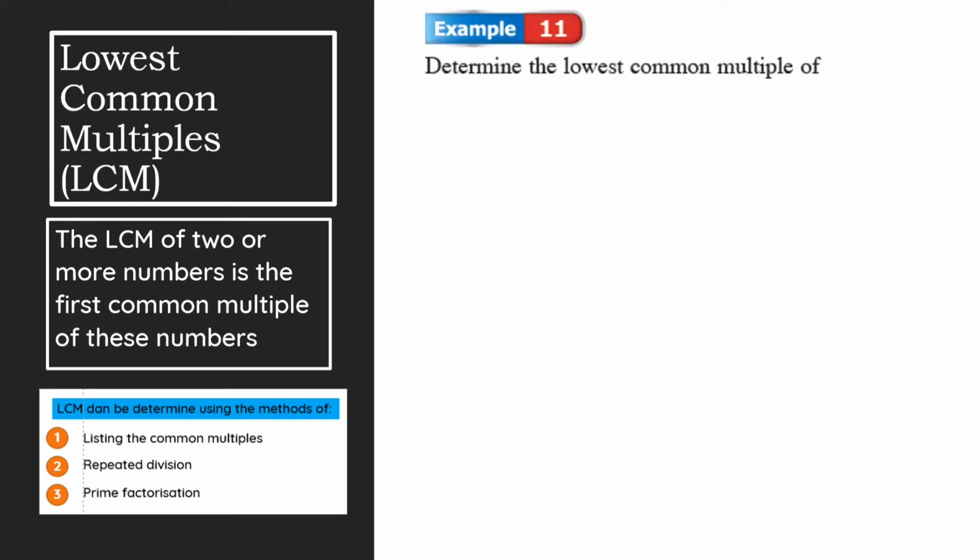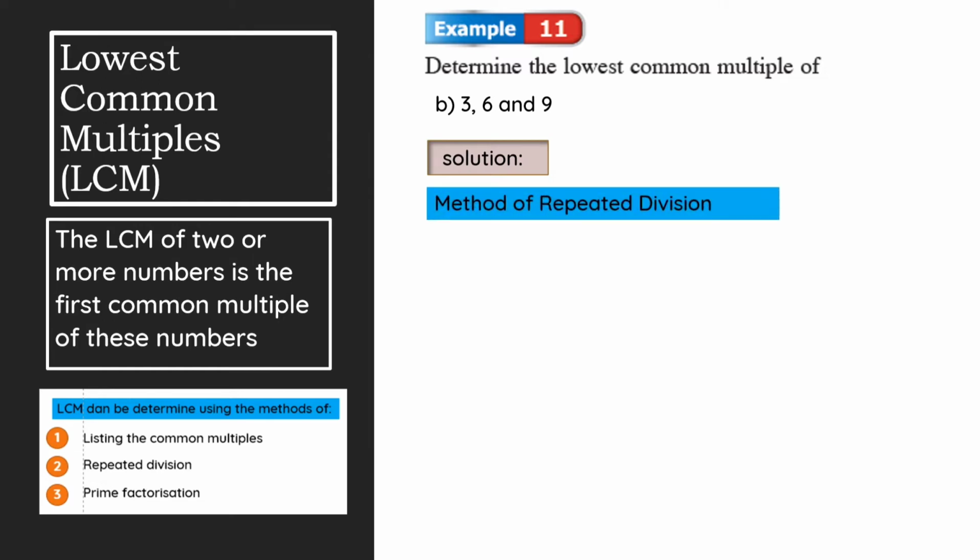Okay, next, in example 11, we need to determine the lowest common multiple of question B, 3, 6, and 9. This time we are going to use the second method, which is repeated division. Using repeated division, we draw this horizontal line and next this vertical line.